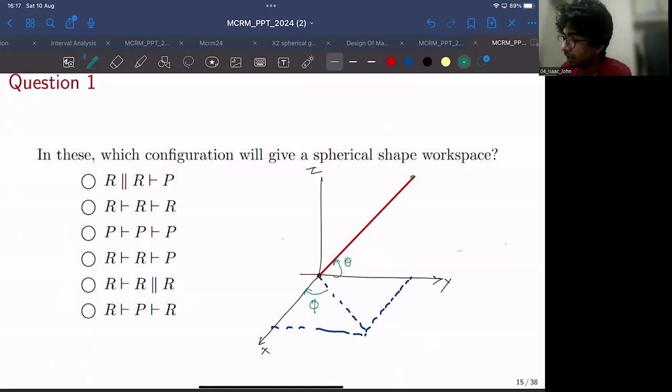And if I denote the length of this vector as r, what would be the x and y coordinates? So for the x coordinate, first you have to bring this vector to this xy plane. To do so, you have to project this vector on this xy plane. So x would be r cos theta. Then once you project this vector onto this xy plane, you further project this line along the x-axis.